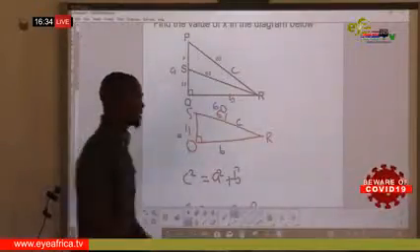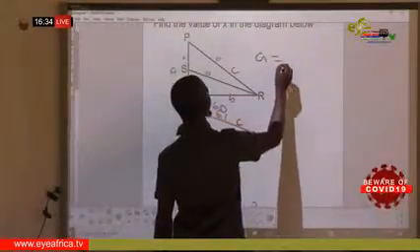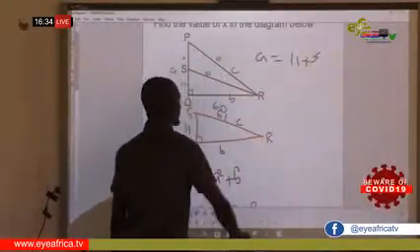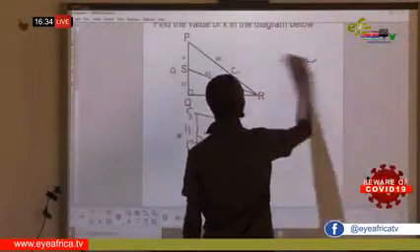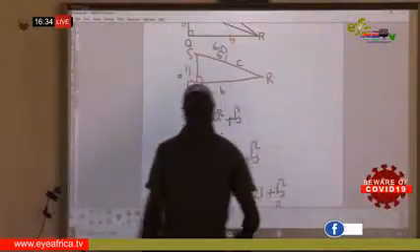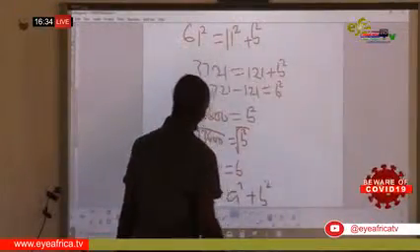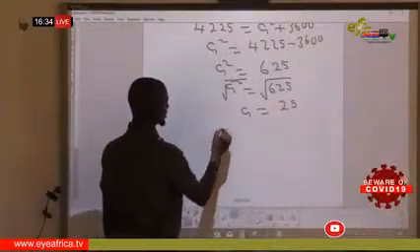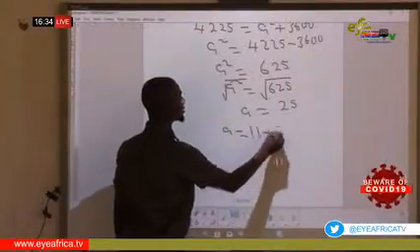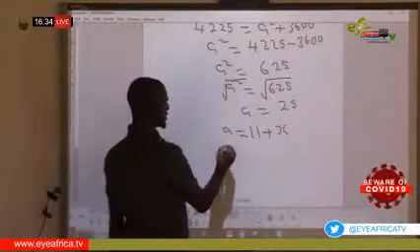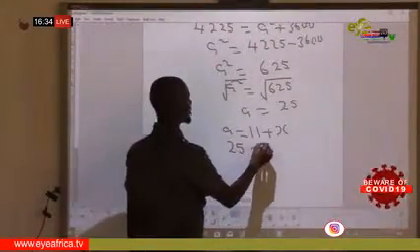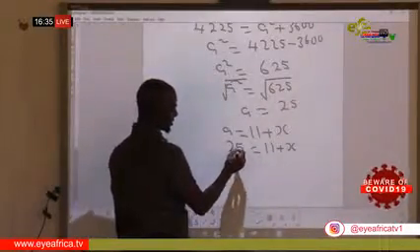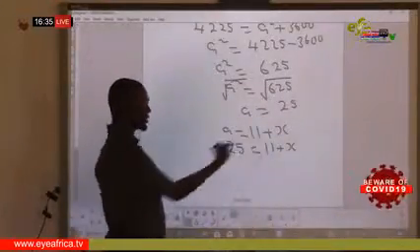But we know our A is equals to 11 plus x. A is 25, which is equals to 11 plus x. Now, A being 25 substituted, how do we get the value of x?